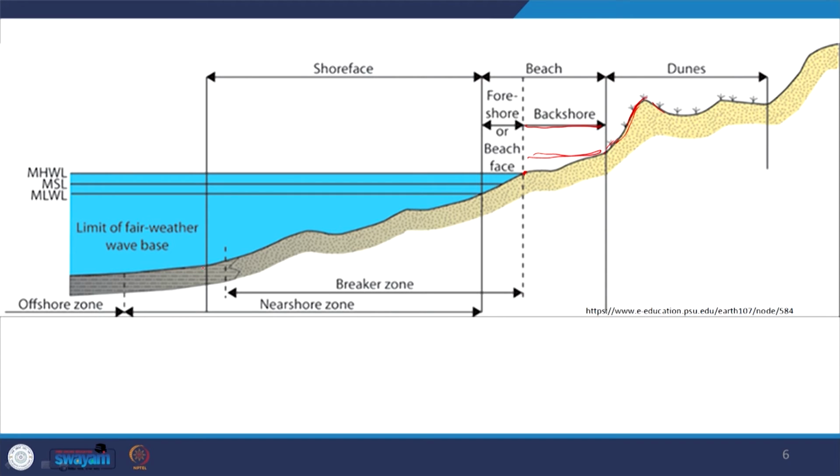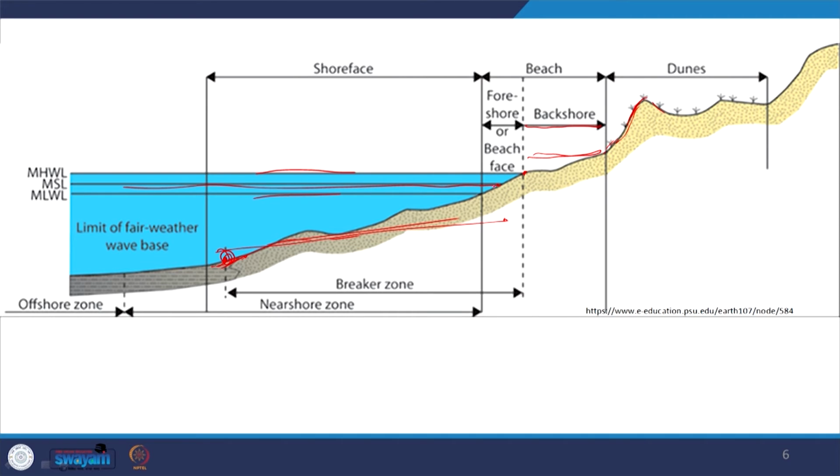And here this is the breaker zone, here is the shallow water, you see it is coming and gradually the depth suddenly increases here. So, the breaker zone and the shore, this is called offshore. See, this is the mean sea level, this is the high tide level, this is the low tide level.